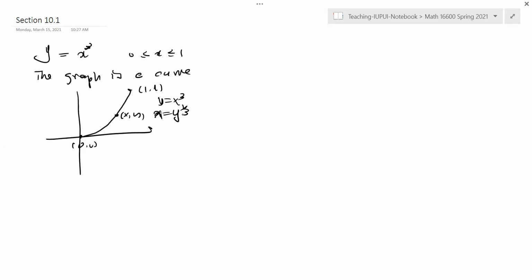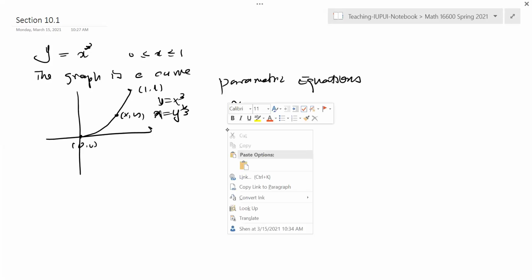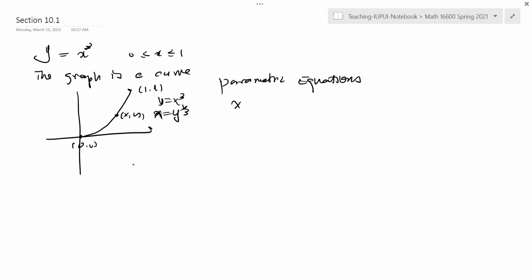Now we're going to find another way to describe the curve. We can describe a curve as the orbit of a moving object that depends on time t. So here's another way, the parametric equation. X depends on time, not on the y variable. So x is going to be t, for example, and y is going to be t cubed, with t between 0 and 1, and you will get the same result.